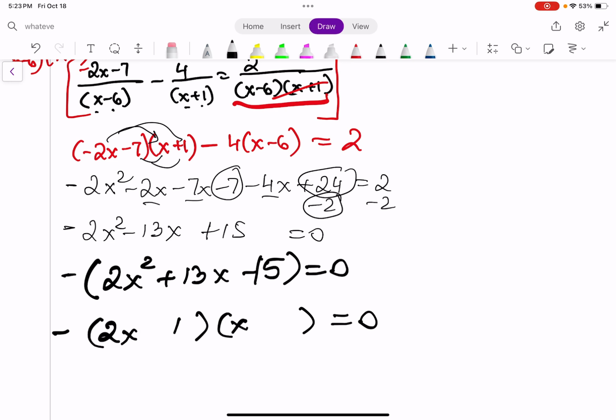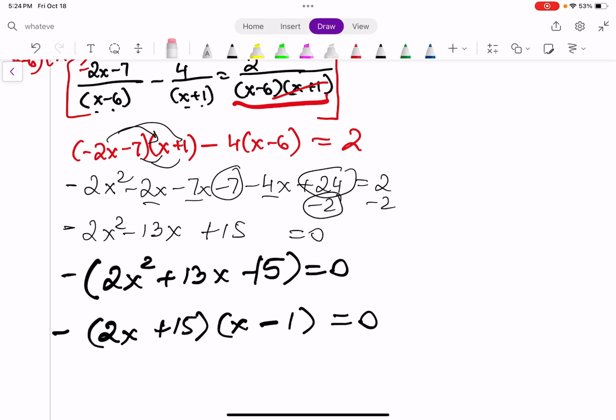I definitely need to get a big 13 in the middle, so I'm going to go for factors of 15 being 15 and 1. One should be a positive and one should be a negative. So I think that's going to be a 15x minus 2x, that gives me the 13x in the middle that I want.